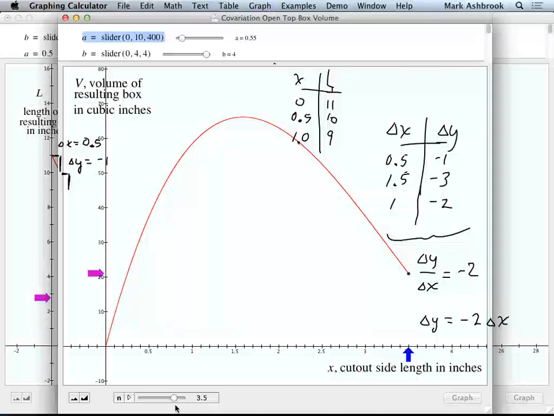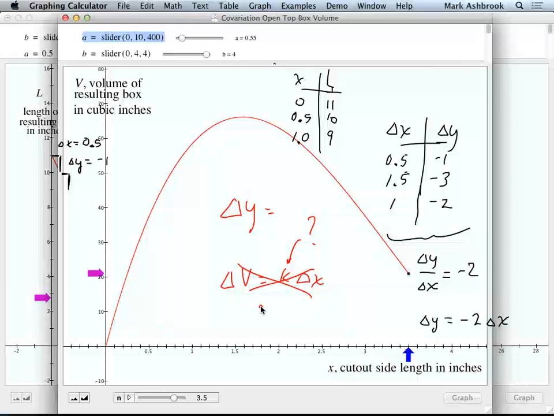It's actually cubic, but the idea is not constant rate of change. We come to the conclusion we cannot write delta V. What's the value of K for this relationship between volume and side length? It doesn't exist, right?